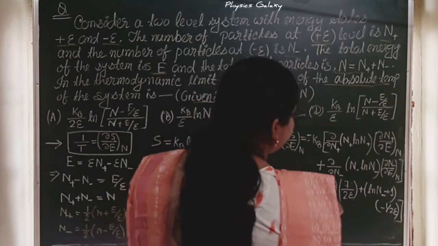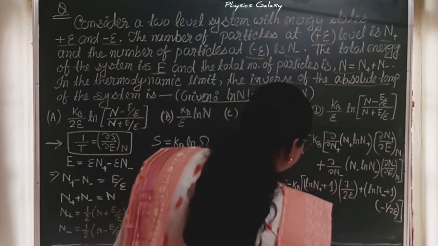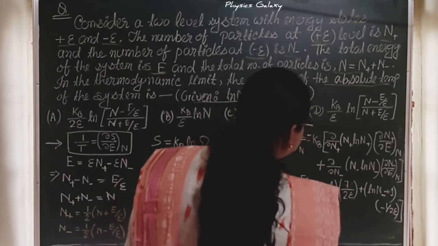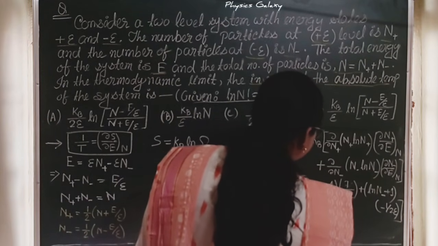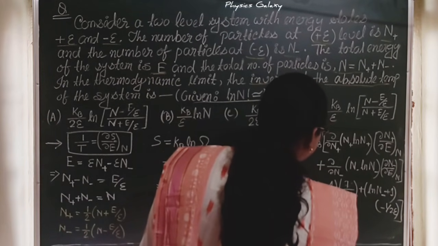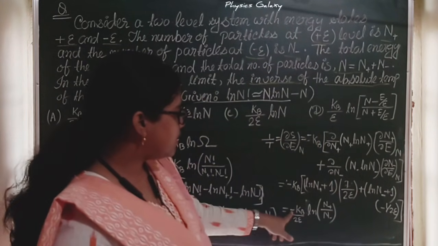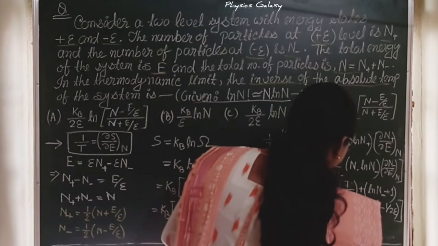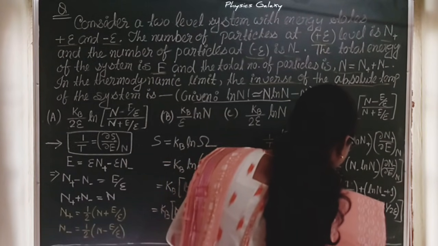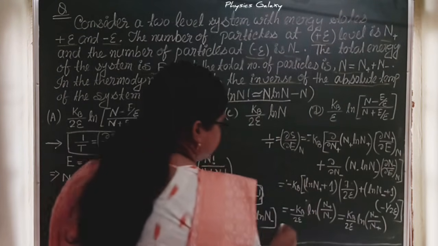Look, the 1 cancels out, Kb by 2 epsilon, and we will get ln n plus by n minus. In front of this there is a minus sign, so it will flip and we will get Kb by 2 epsilon ln n minus by n plus.